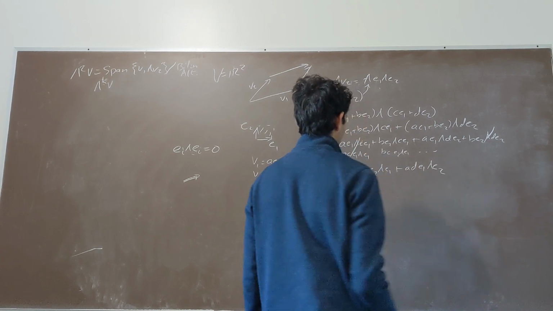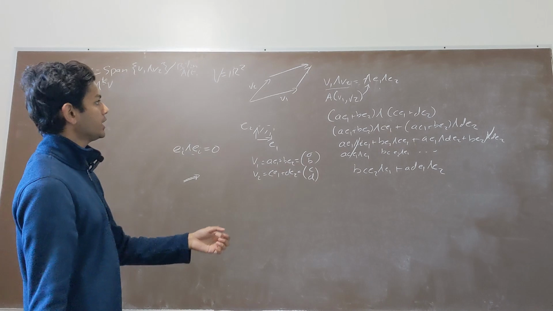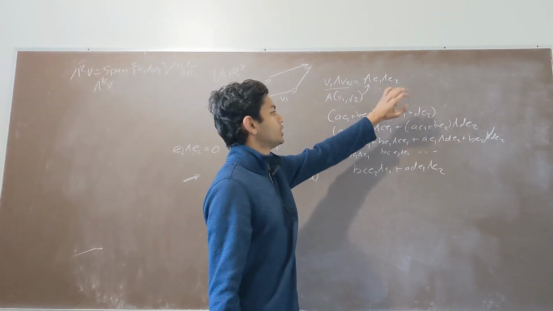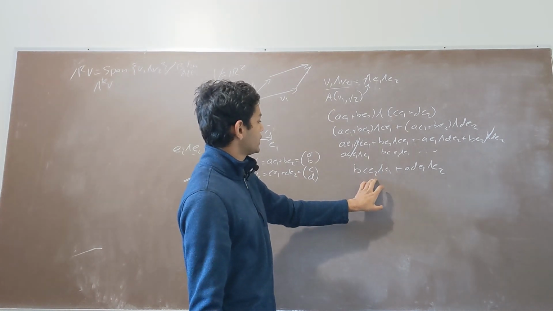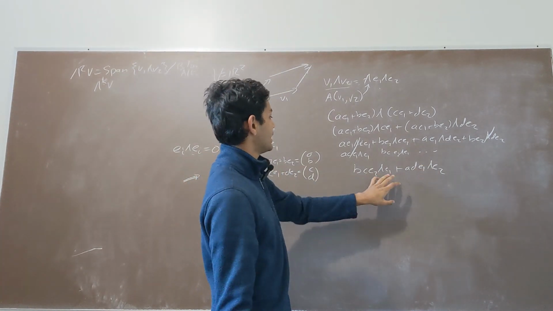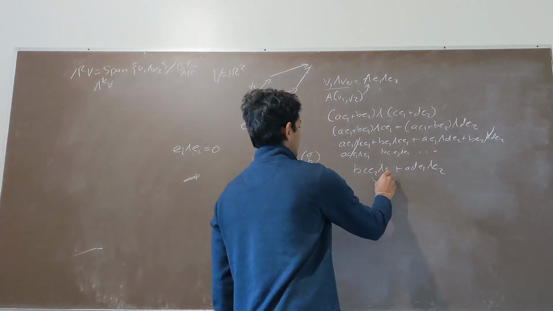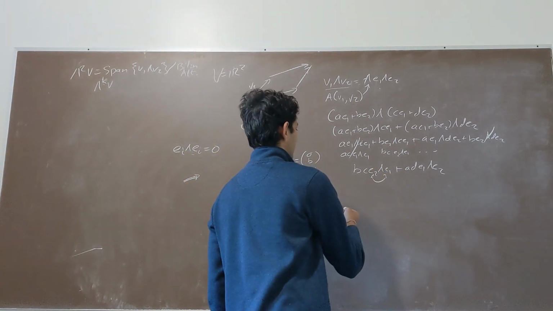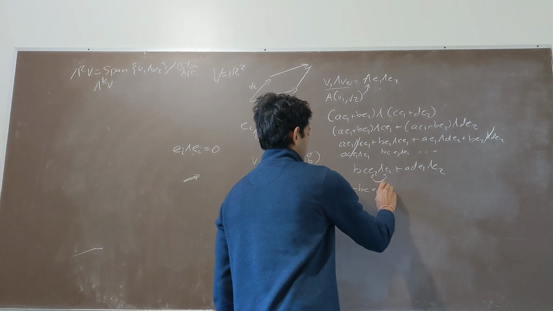And remember how for a special area we said that e1 wedge e2 has an area of 1. So here we have an e1 wedge e2, but here we have an e2 wedge e1. So what we can do is invoke our alternating axiom and swap these two and pick up a negative sign up front. And so that tells us that this is minus bc e1 wedge e2.